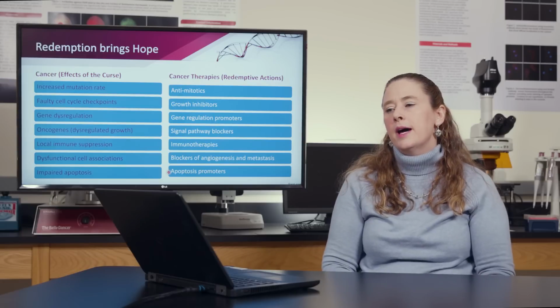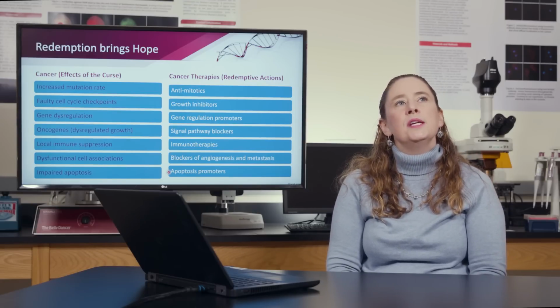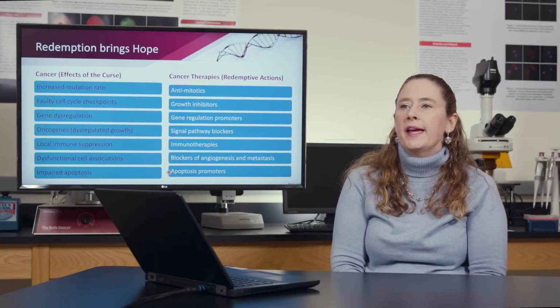Often, it's because of a broken apoptotic signaling. So there are a number of drugs that are given to help combat cancer that are actually apoptosis promoters. These drugs help the cell realize that it is damaged and needs to commit apoptosis in order for the organism to remain healthy. Now, sadly, none of these is a cure for cancer.